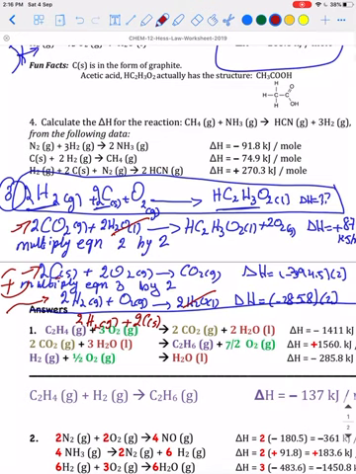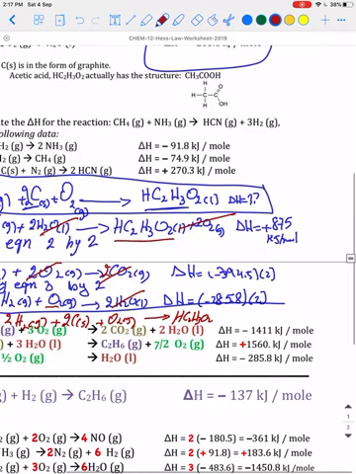When I multiplied this by 2, this should also be multiplied by 2. So this is 2 CO2 and 2 CO2, they cancel with each other. 2 O2 and 2 O2 cancel with each other. I am left with 1 oxygen, to produce the acetic acid, HC2H3O2.